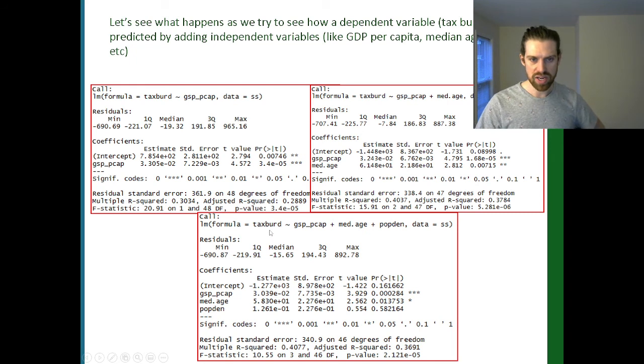But then as we go down here, we've got tax burden is equal to the GDP per capita, the median age, the population density. Now our multiple R squared value has gone to 0.4077, so it's higher than the others. But if we look at the adjusted R squared value, we've actually got a lower R squared here.